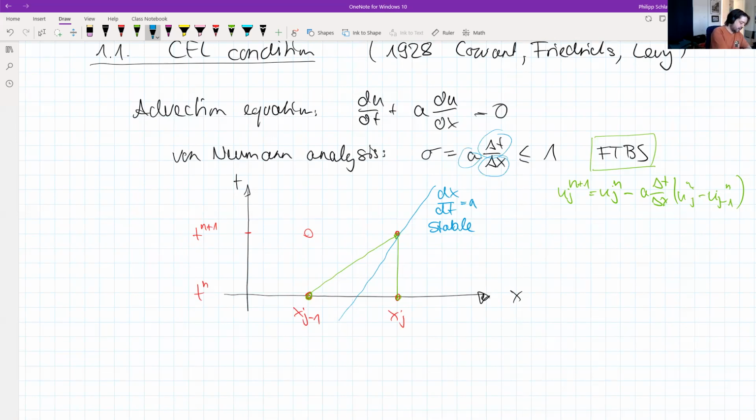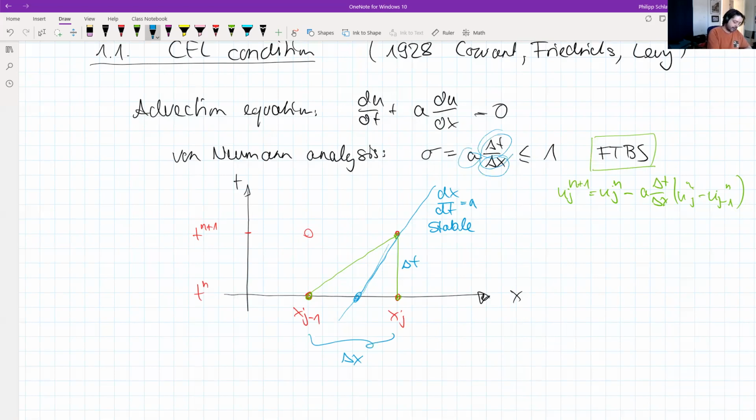Why is this the case? Well, if I say that this is delta t, and this here is delta x, then I see that this blue line, the characteristic, would have a slope which is larger than what I would get from delta t divided by delta x.